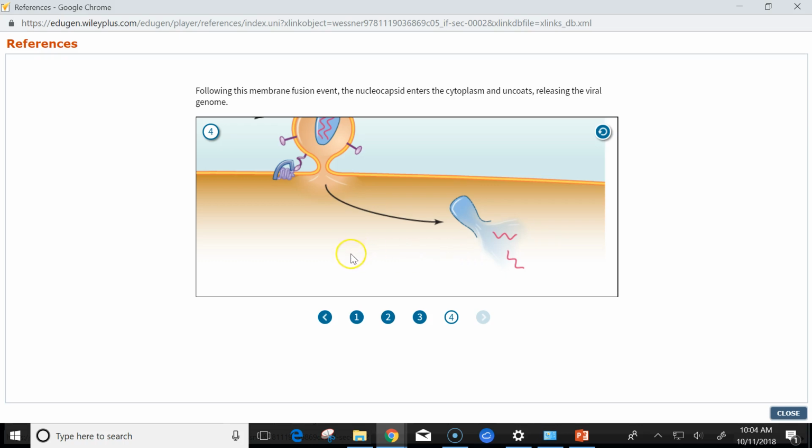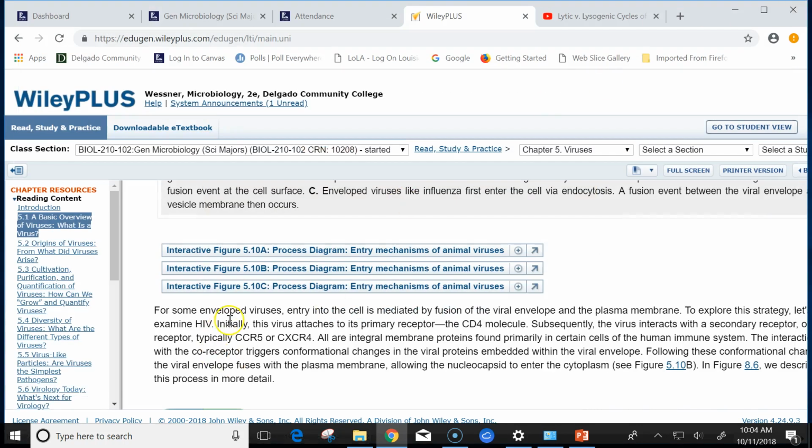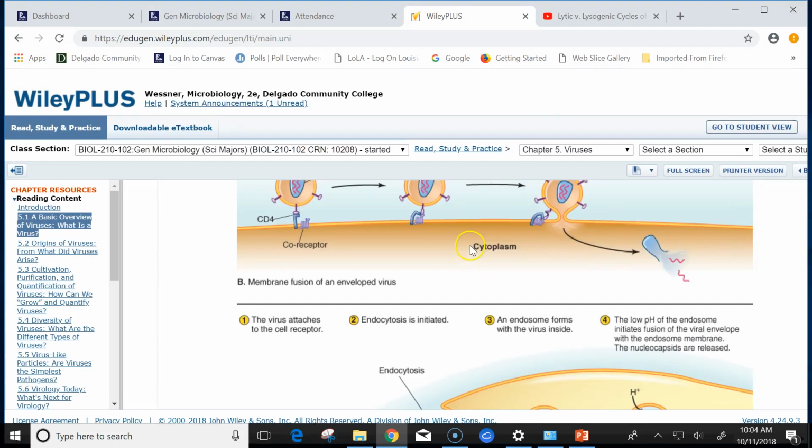So that one is referred to as membrane fusion of an enveloped virus. And really only enveloped viruses can do that because they're the only ones that have that envelope that's very similar to a membrane, so the two can fuse.